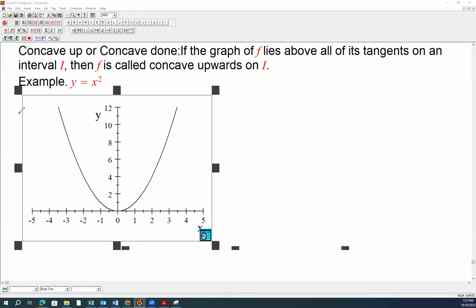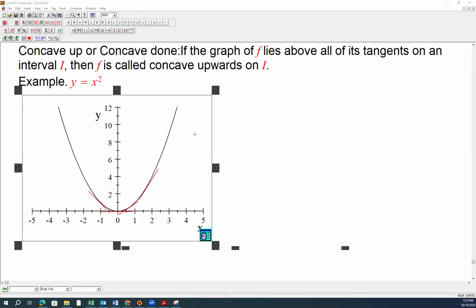We're going to draw some tangent lines, right? So we have the tangent here, tangent here, and tangents. You can see all of these tangents, and there will be many more.